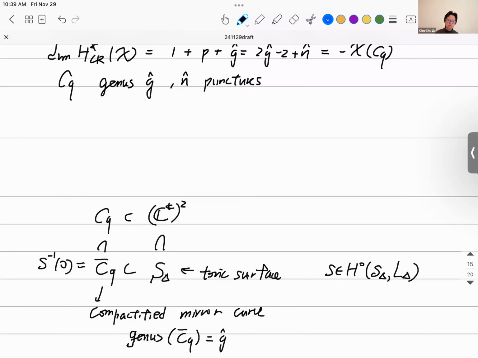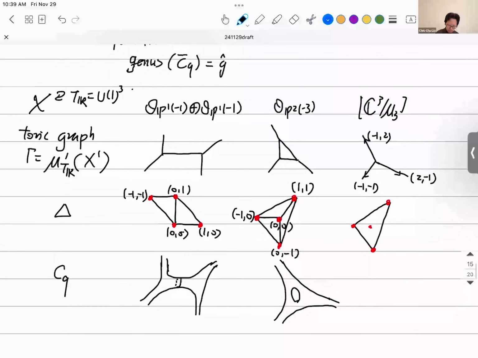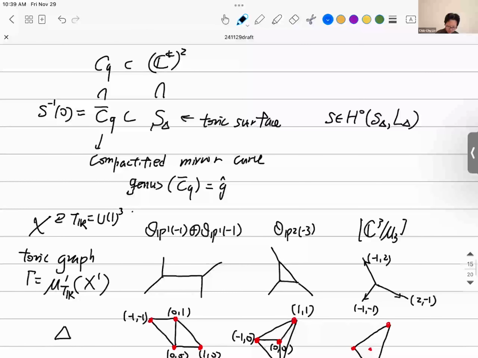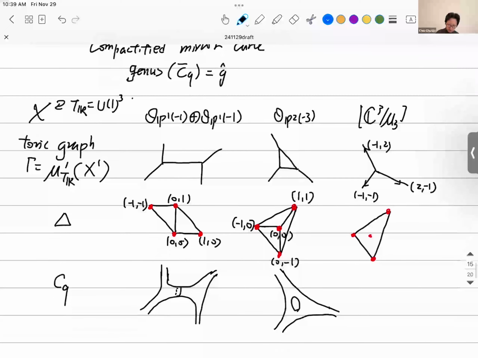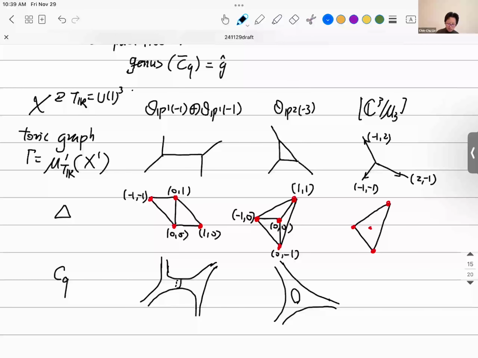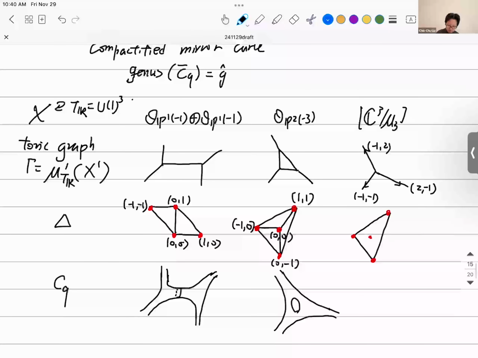So this two-dimensional polytope actually defines a toric surface together with a polarization L. This toric surface in general can have orbifold singularities. For example, if you start with O(-3) over P2, then this polytope will give you the toric surface P2 mod mu_3.